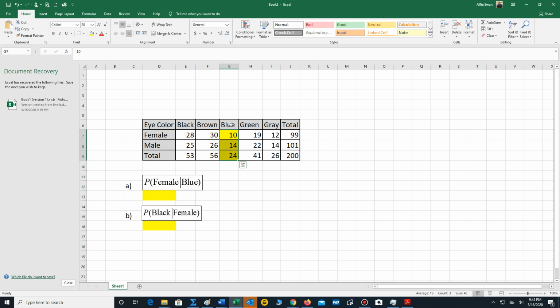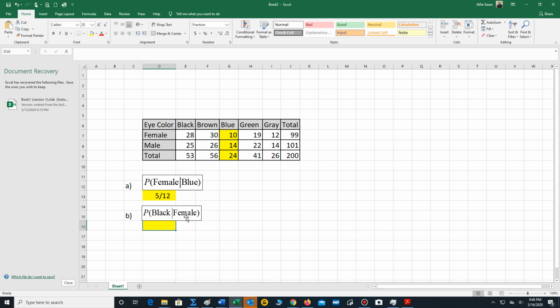Our condition is saying that the person has to have blue eyes. We don't care about people that have any other eye color, only those that have blue eyes. And we know that there are 24 of them. Of those 24, how many are female? Well, 10. So our probability would be 10 out of 24, and that reduces to 5/12 as the answer.